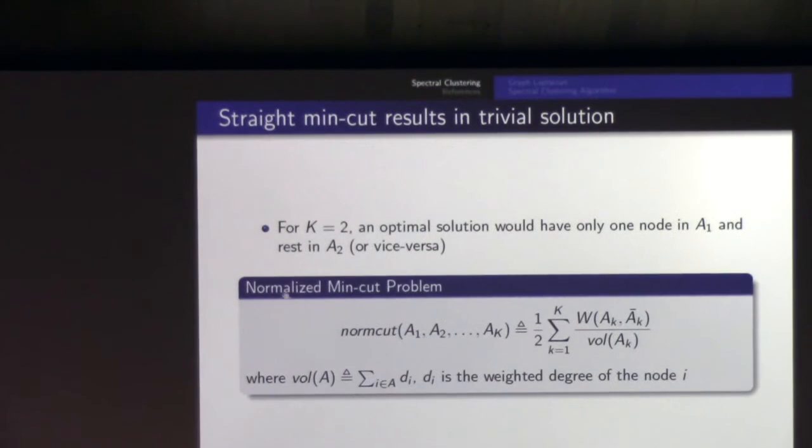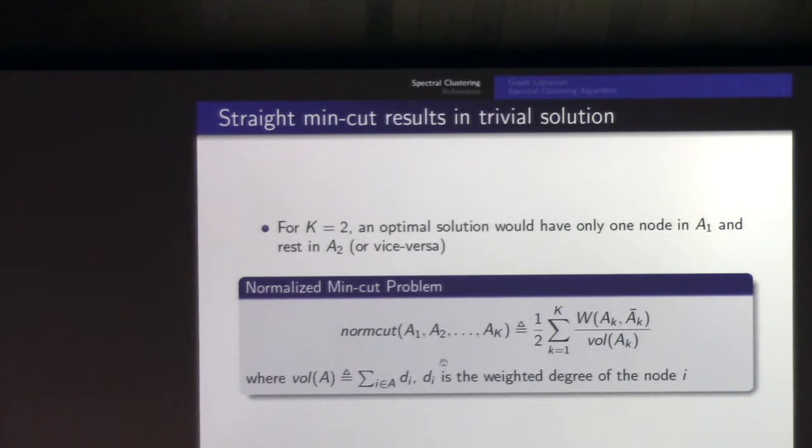So you pose this normalized min cut problem, in which you're trying to find cuts which are not only well connected within themselves, but are also big. They need to be big enough, as well as have very few edges across the nodes. And everywhere, I do talk about weights as well.